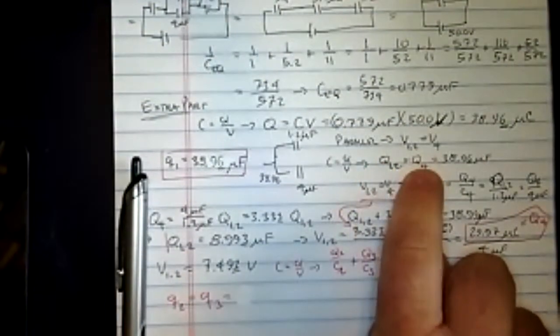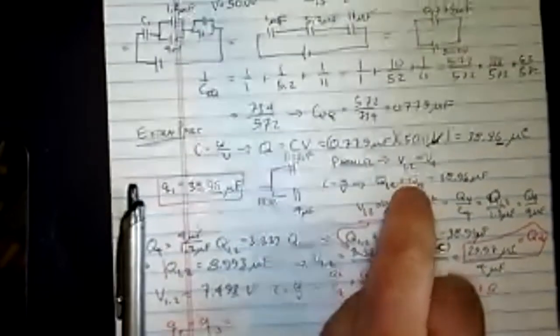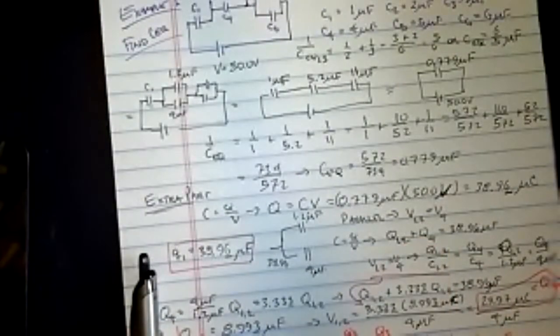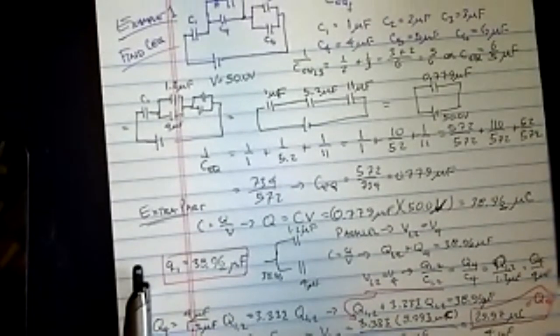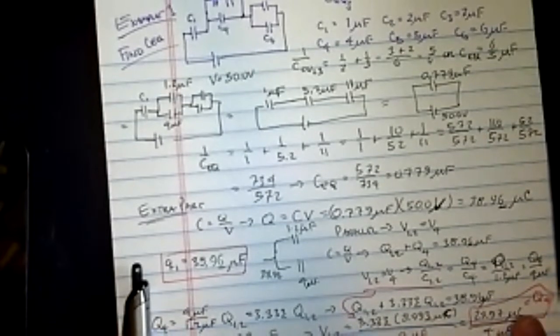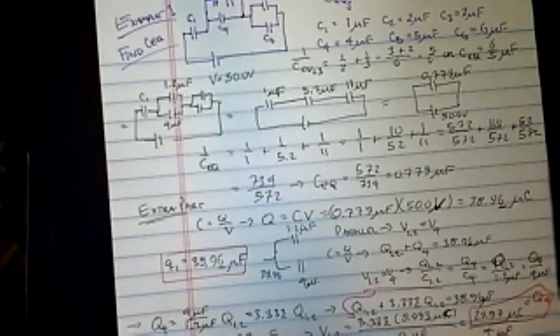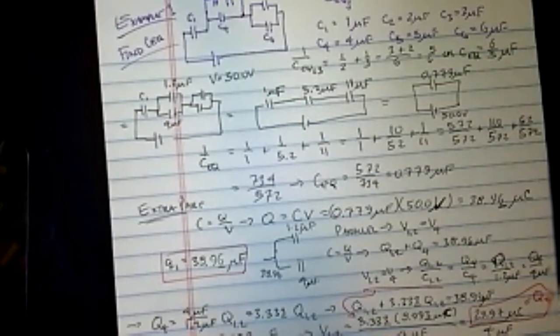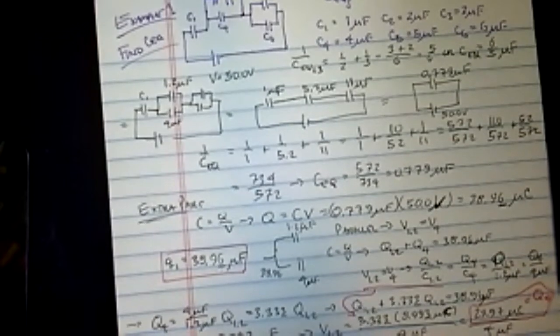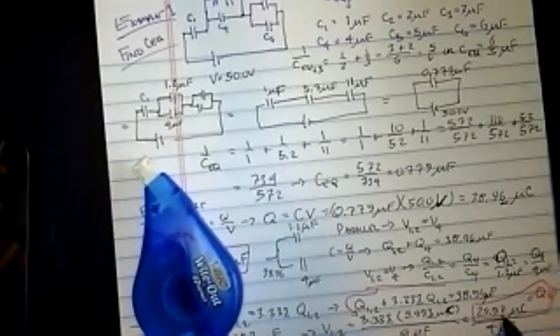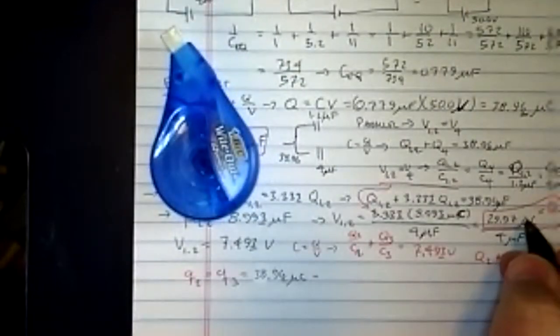So now I have to say, well, what's going to Q4, which was the one by itself, right? Yes. Okay. I already had Q4, right? Yeah, I did have Q4. So that's what went to Q4. The other part of it, which goes to Q1 and 2, is going to be the 38.96 microcoulombs minus the 29.97 that went to the Q4.